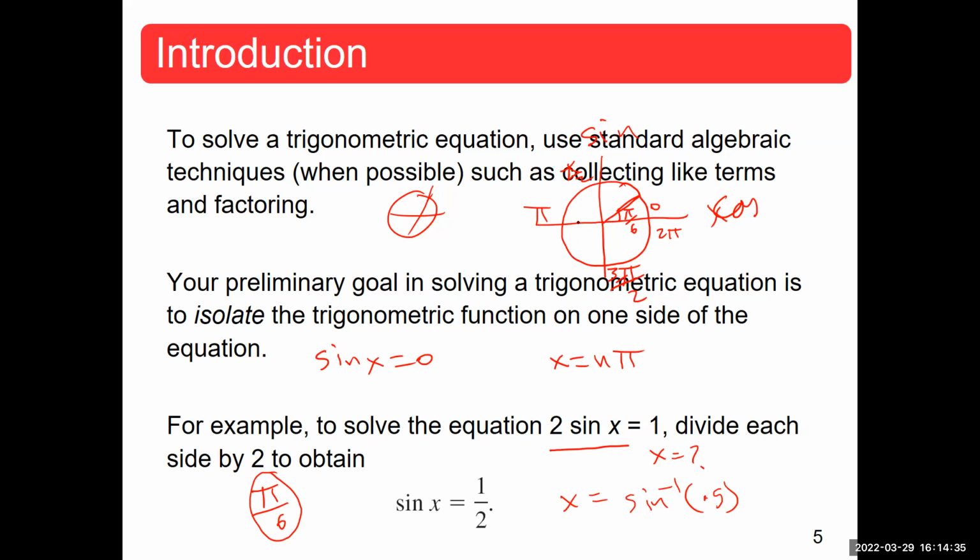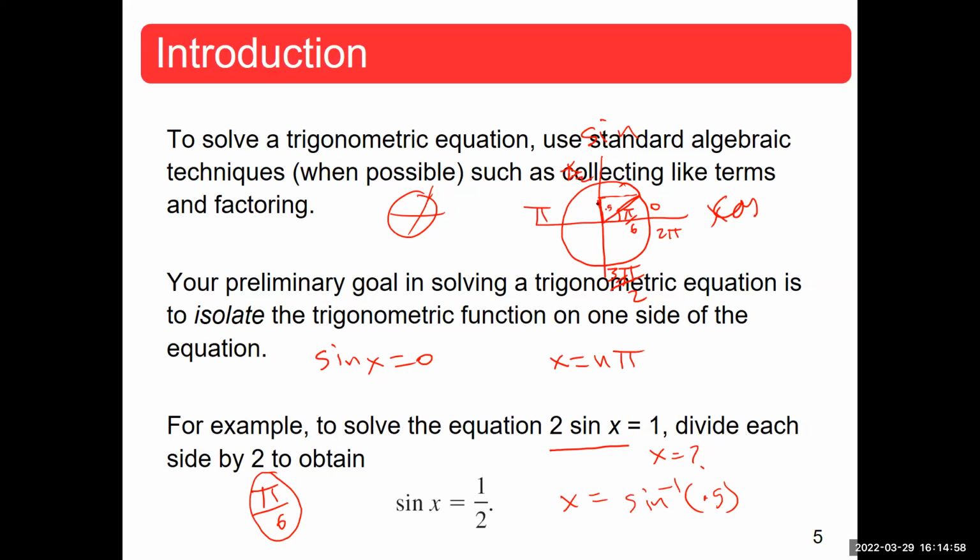What is the other angle that has the same sine? If I go, where is the sine value? This is the sine value. This is a half. This is the number half. This is half of the radius. Oh, my scale is not the greatest.